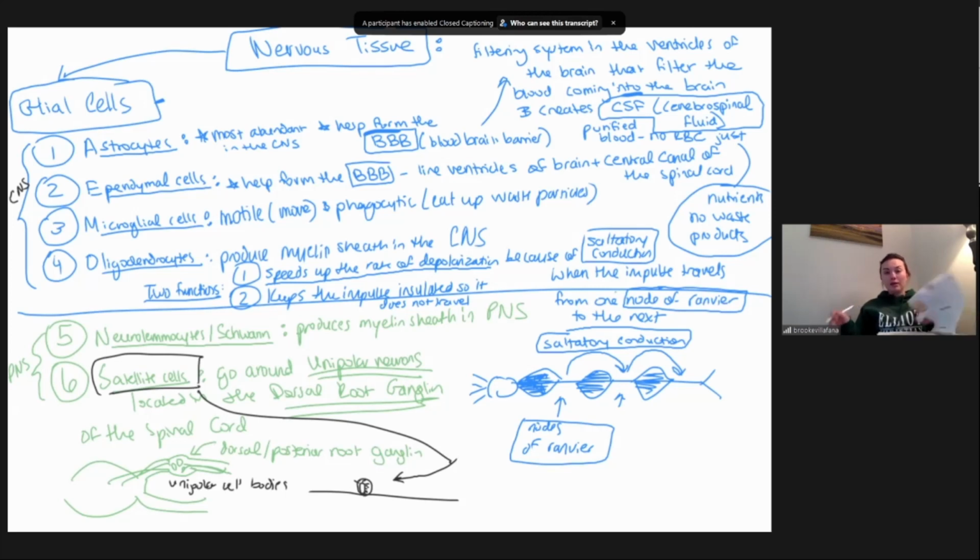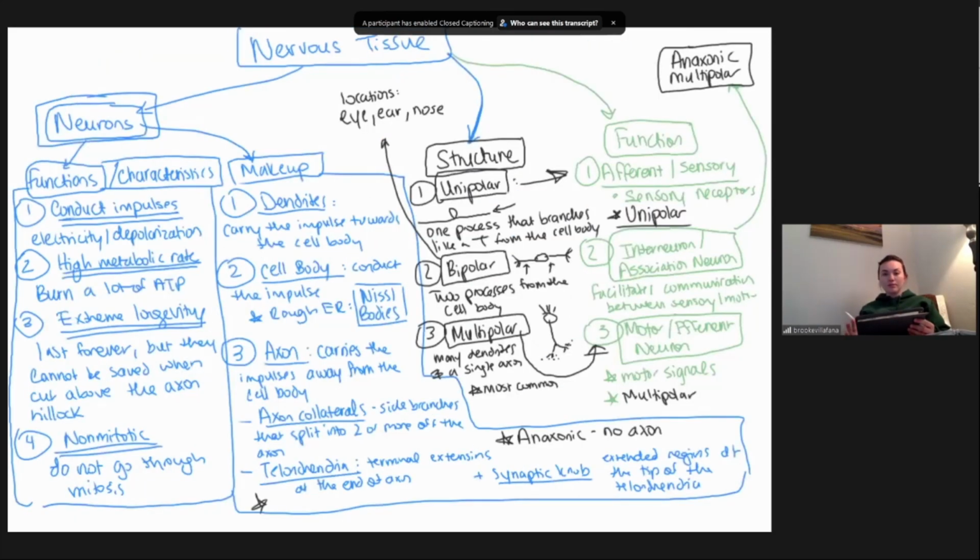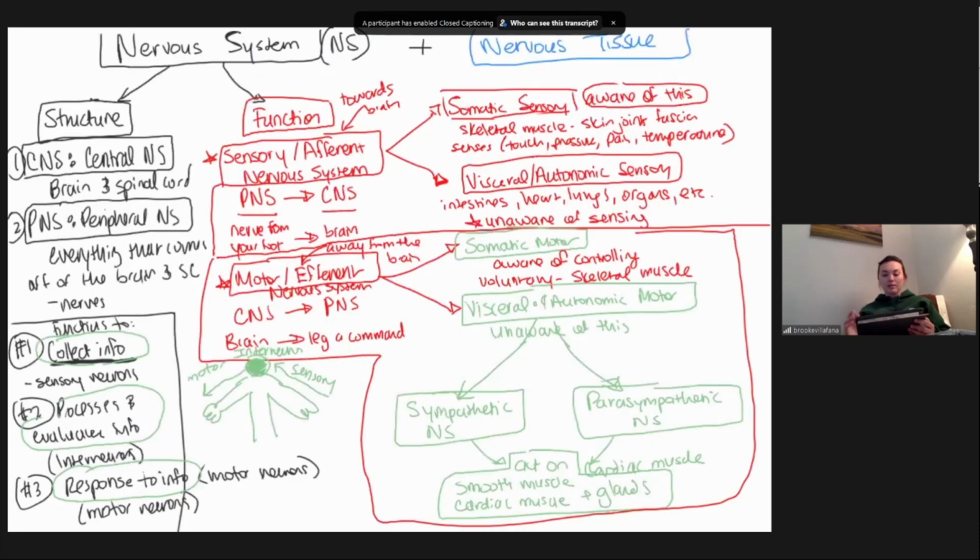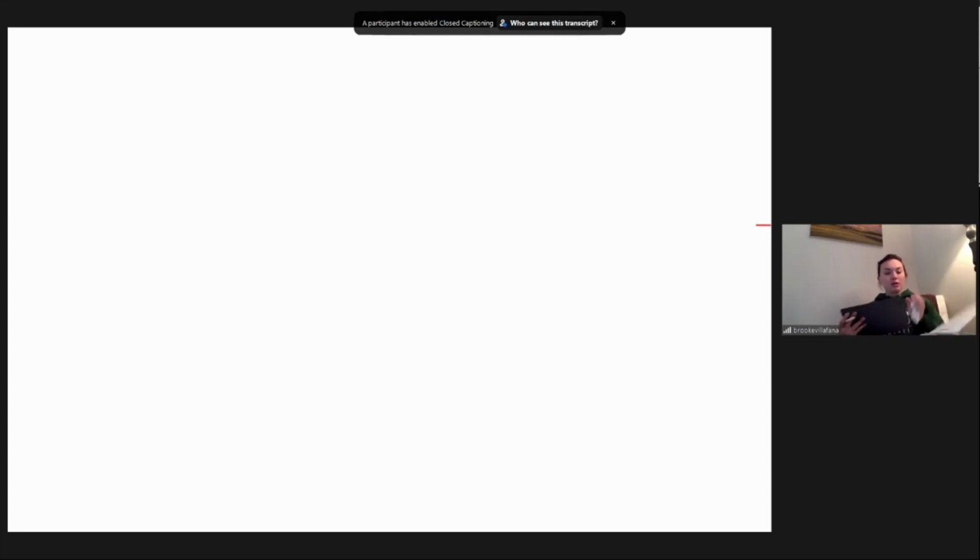Okay, so again, you have your nervous tissue, which was your glial cells and your neurons. And then the very first part of the chapter is nervous system. And then the last few terms of the chapter is just 3 terms here. So Wallerian degeneration.